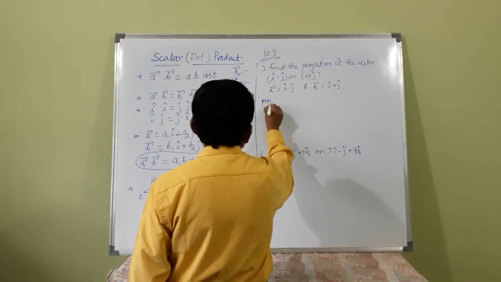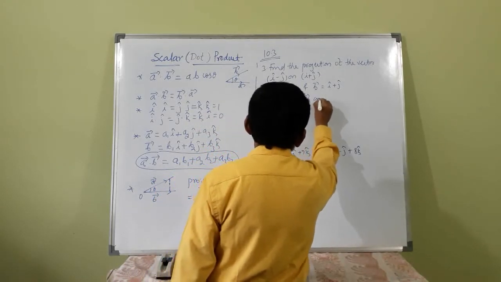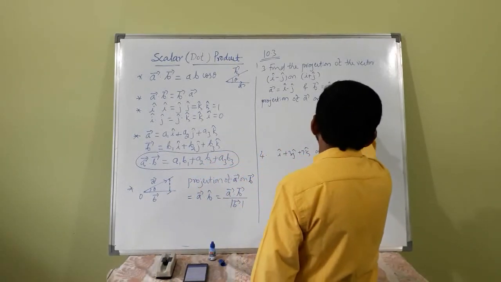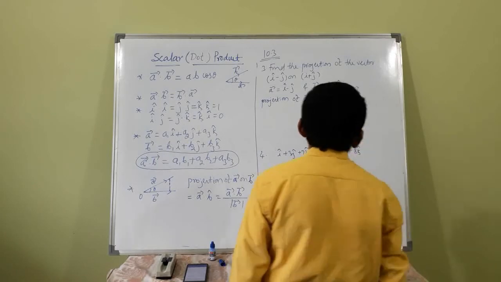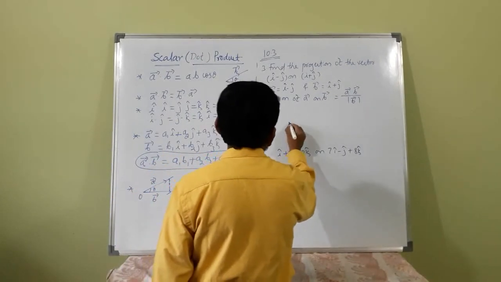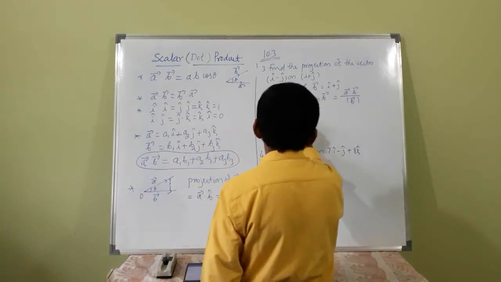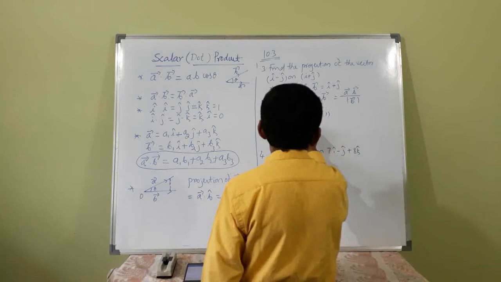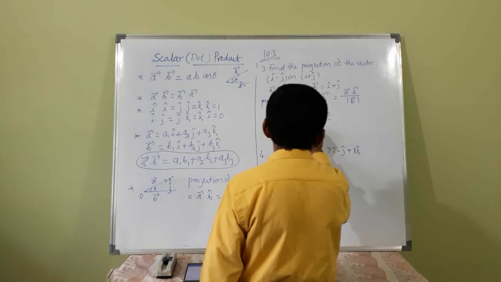Projection of A on B is A dot B over magnitude of B. A dot B here is equal to 1 into 1, that is 1, minus 1 into 1, divided by root of 1 square plus 1 square.